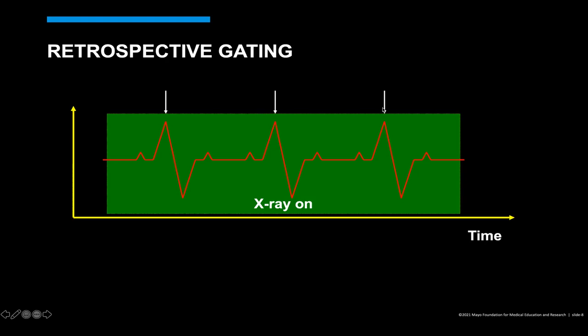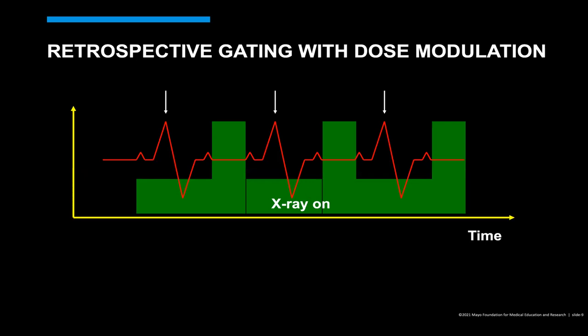In this example here, if the y-axis is your mA, it's a consistent mA throughout the acquisition. Or if you want to decrease your dose, you can reduce the mA during systole when the heart is moving most rapidly, and then ramp up your X-ray current during diastole.